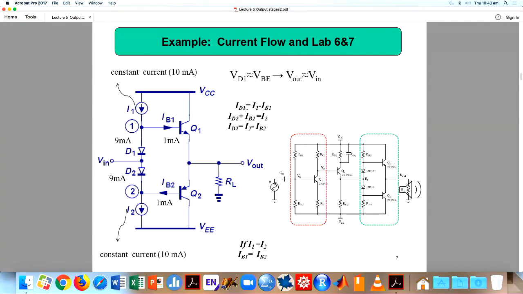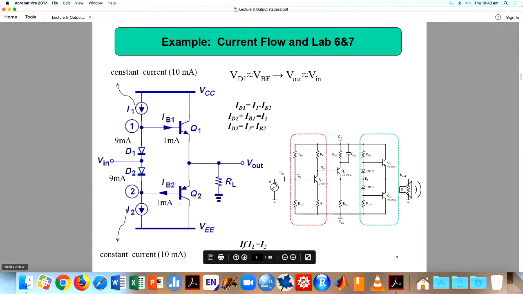Yeah, so this is important. ID1 equal to I1 minus IB1. ID2 plus IB2 equal to I2, and then ID2 equal to I2 minus IB2. And if I1 equal to I2, we can make IB1 equal to IB2.